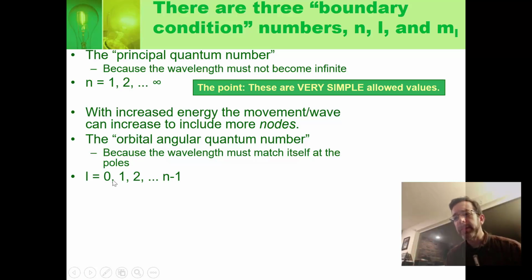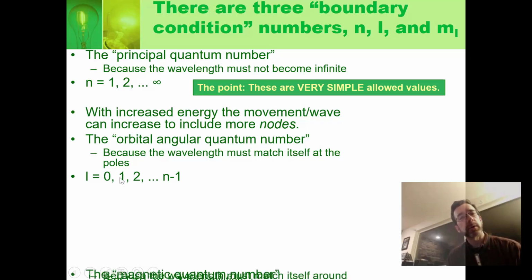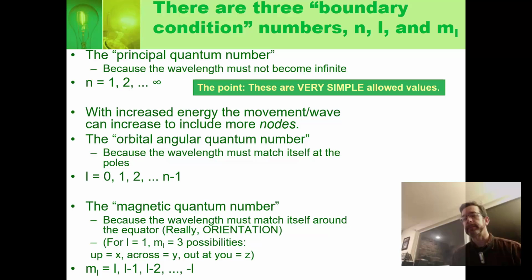But the main thing is that L can be quantized as well. L cannot be anything other than an integer. It can be 0, it can be all the way up to n minus 1. And so for n equals 1, there's one option for L, because L has to be 0. For n equals 2, L can be 0 or 1. And on up from there.